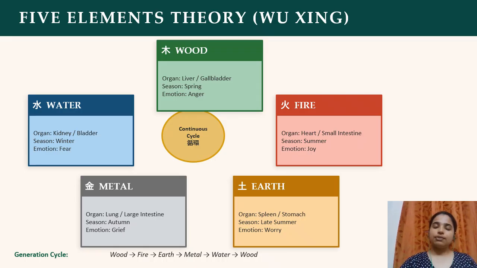But in the Ayurveda and Siddha systems of medicine, these have a balance or an equilibrium, but they don't have a continuous process or cycle. But in the traditional Chinese system of medicine, we can say that this is a continuous cycle.